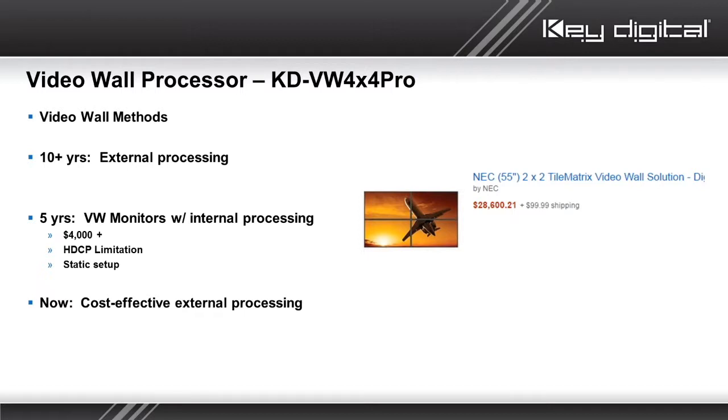And so you're looking at about 50, 55-inch monitors that probably do start around the $4,000 price point per monitor. So you're looking at $16,000 in the monitors alone for a 2x2 video wall. Okay?